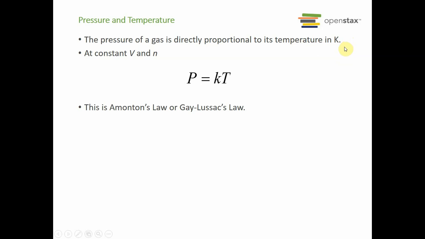So let's say a gas is at 273 Kelvin, which is the freezing point of water, 0 Celsius, and it would have volume A. To double that gas pressure, you'd have to double the temperature in K. So if it's 273, then you'll have to go up another 273 degrees.